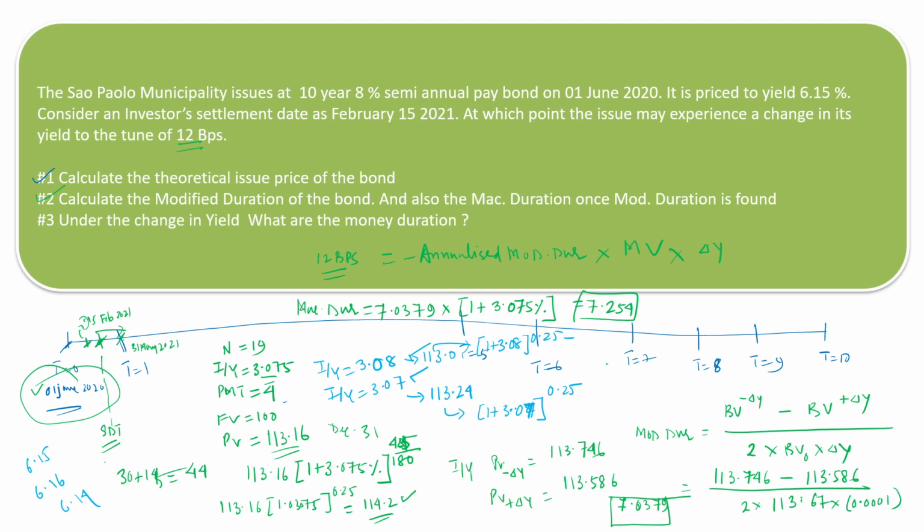So if you do this math, let's see what it yields, 1.0307. This becomes 114.1.